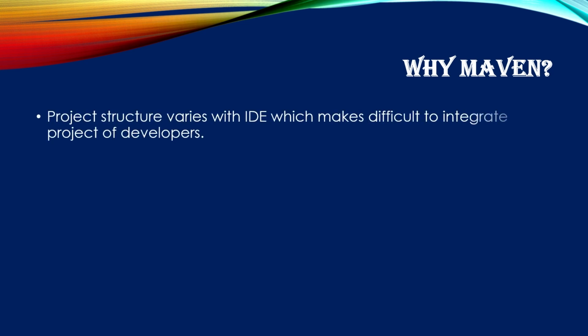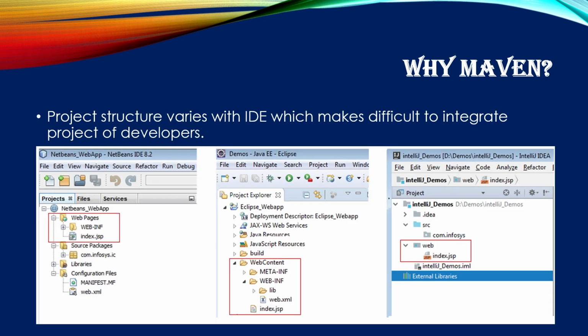Now the next problem is that generally we don't work on a project as a single person. There is a particular team. Let's say three people are working, person A, person B and person C, on some particular web application. Every developer loves to work in a different IDE. Person A loves to work in NetBeans, and there if you create a web application, it will give you a structure like this.